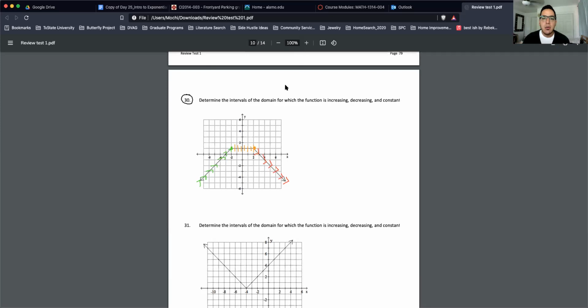Okay. So when this question is asking you, what are the intervals of the domain for which the function is increasing or decreasing or constant? Well, when we're increasing, let me go ahead and just type this out. Increasing.